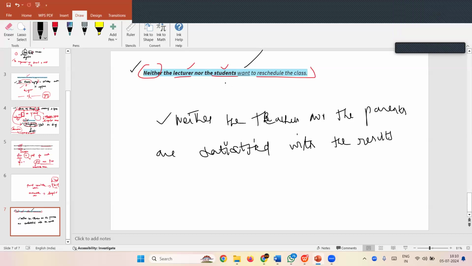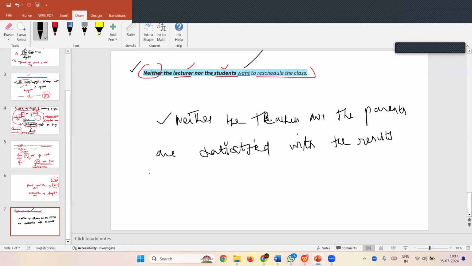Tell me. No, I'm not getting that. Whether this sentence is correct or not, you tell me that first. Ma'am, it's correct. This sentence is correct.